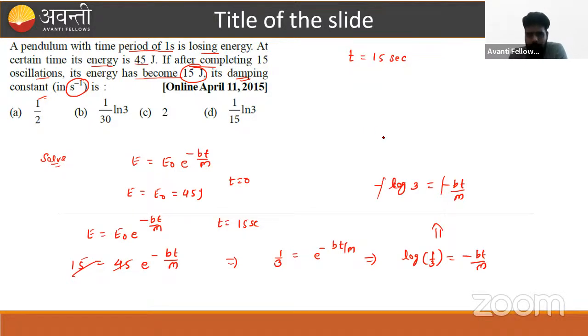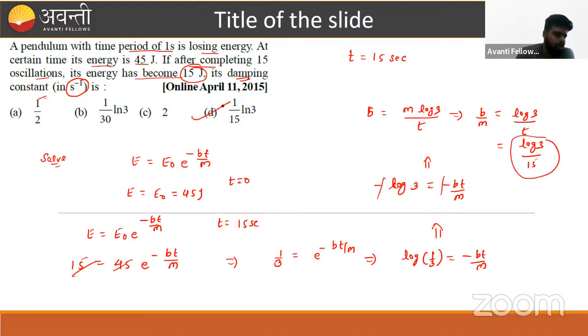So B by m can be written as log 3 upon t, because mass is not given and it is asked per unit mass. What is the value of time t? 15 seconds. So our answer is log 3 upon 15. Option D is the correct one.